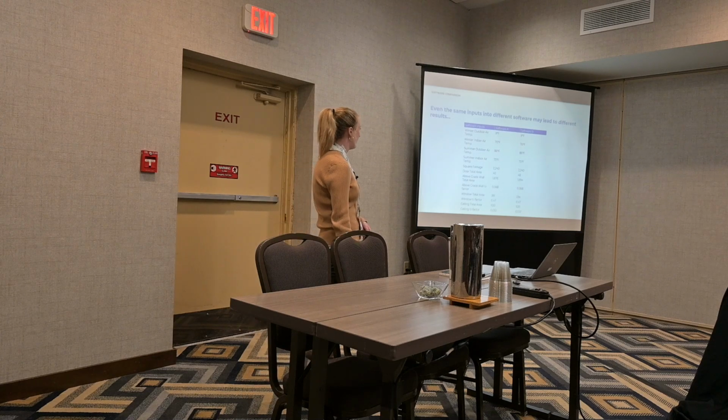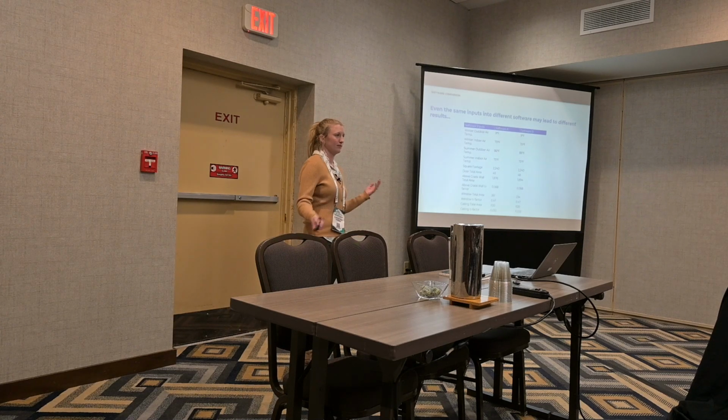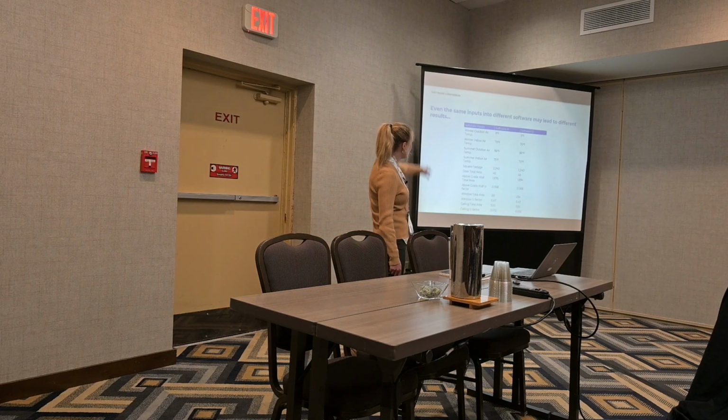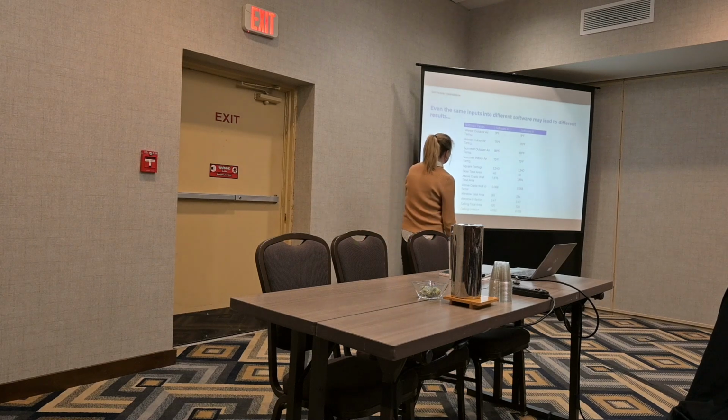So we did a quick test to check this out and see if this is true. We compared two different software programs. I won't tell you what they are, but these are all the inputs we used. There are only a couple small differences: above grade total wall area, 1876 and 1894, and window total area, 261 and 234.